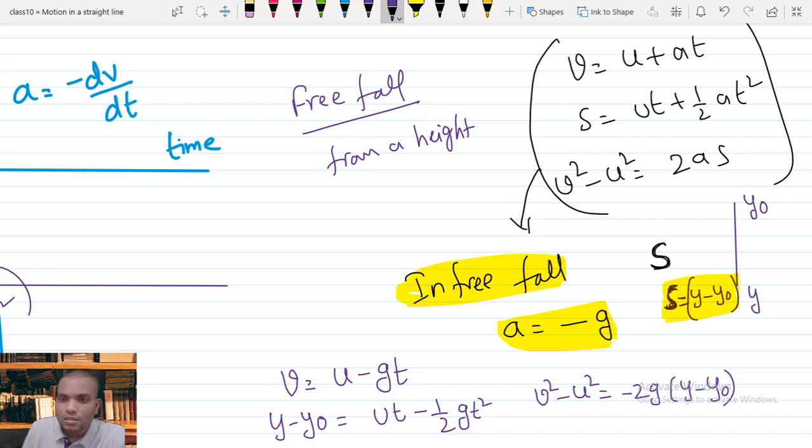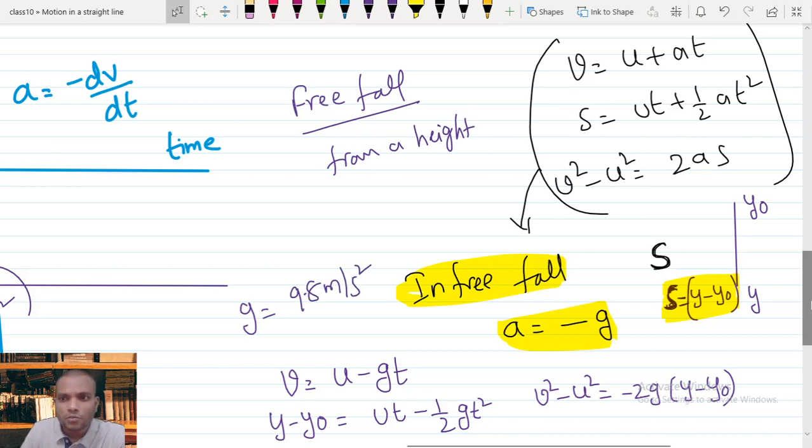So these are the changes that happen in the equations of motion. The first change is acceleration due to gravity: for g we substitute only the magnitude, that is 9.8 meter per second square, on earth.